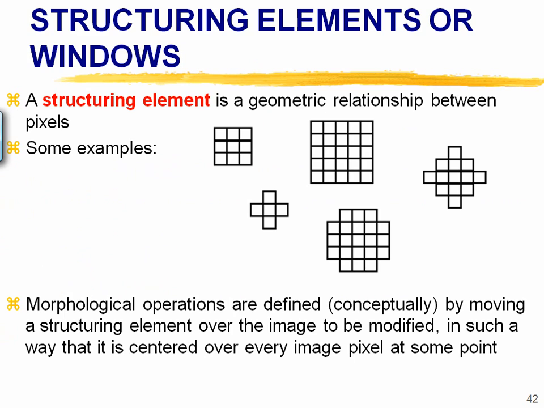So before we can talk about morphological operations, we need to understand a little bit about how we can construct these kinds of processing algorithms. The fundamental structure within which all of this processing can be performed is windowed operations.